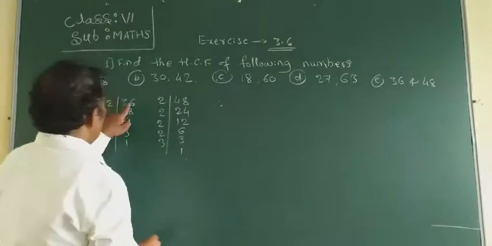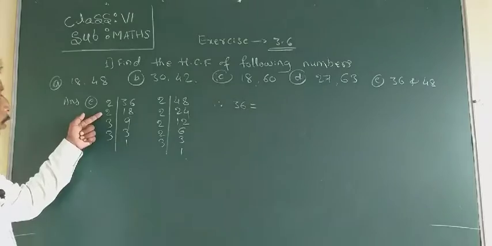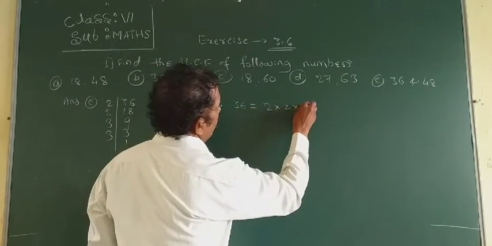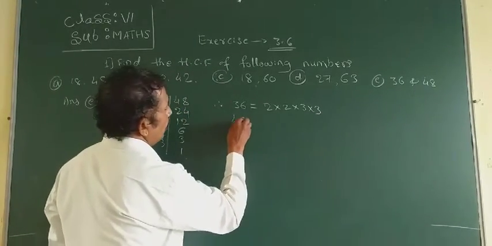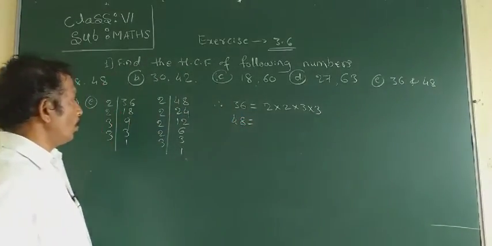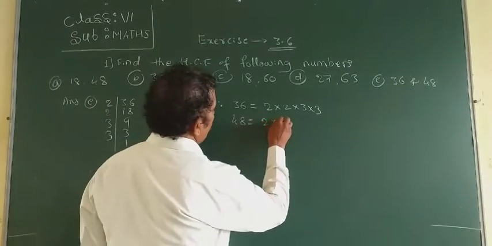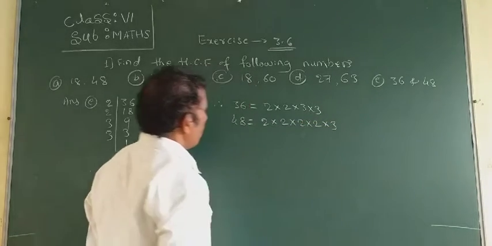Therefore 36 is equal to 2 into 2 into 3 into 3. Second number is 48. 48 is equal to 2 into 2 into 2 into 2 into 3.